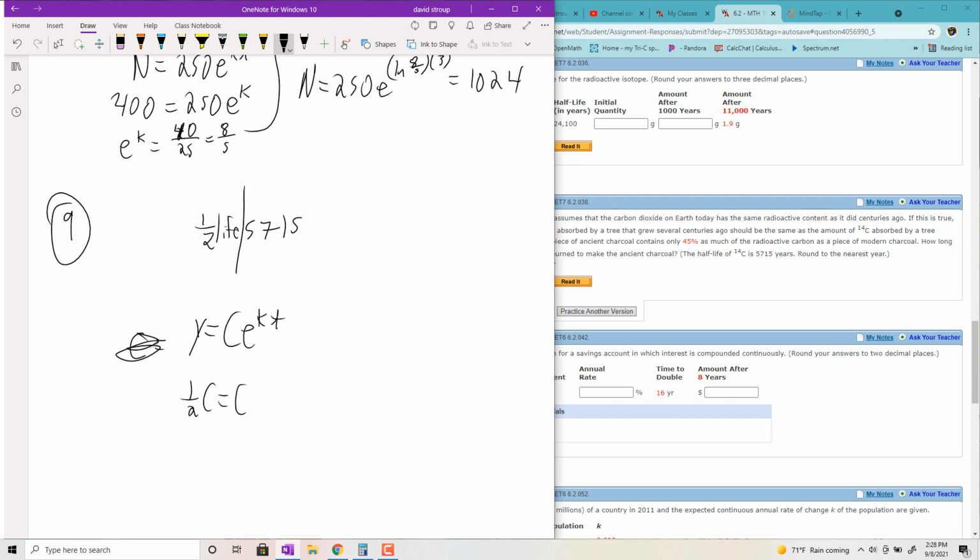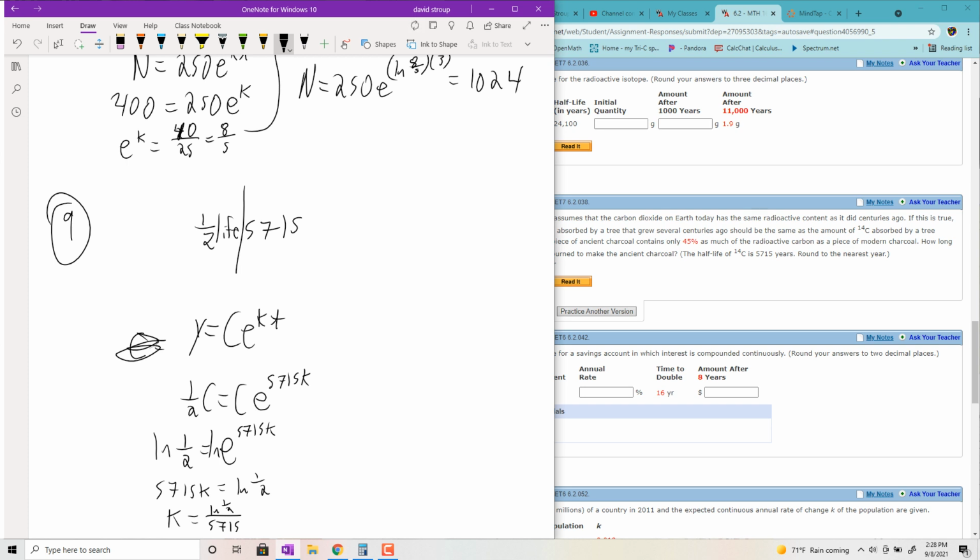So we have 1/2 c equals c e to the 5715k, and that allows us to solve for k at least. Divide both sides by c, you get 1/2 equals e to the 5715k, ln on both sides. So you get 5715k equals ln of 1/2, and then solve for k, ln of 1/2 all over 5715.